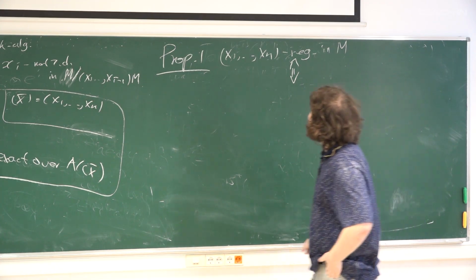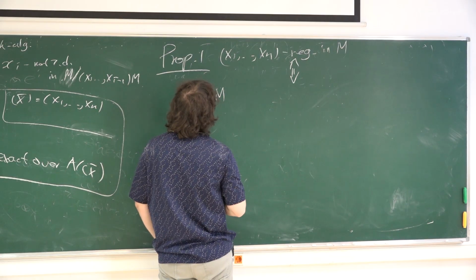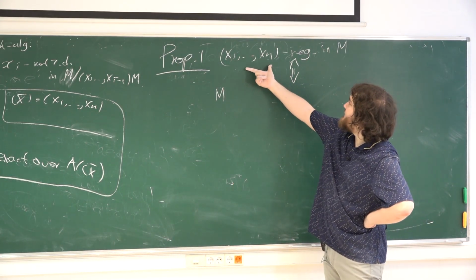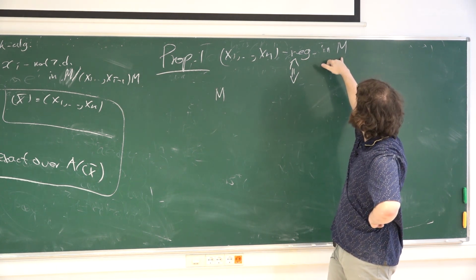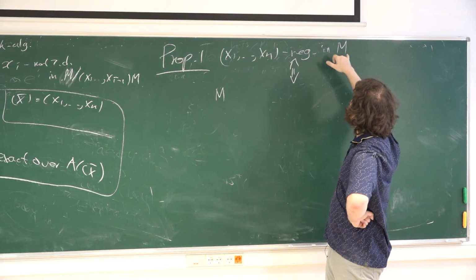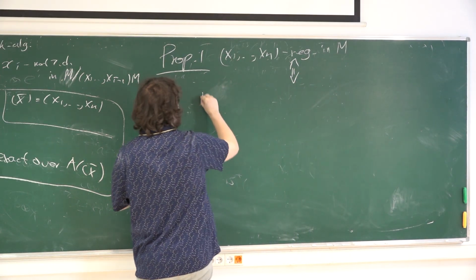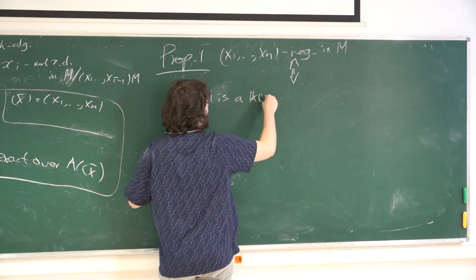The sequence is regular if and only if M is free. Again, I have such elements. I can multiply any element in M by xi, for example, and by xn. So in fact, M is a module over a polynomial algebra.